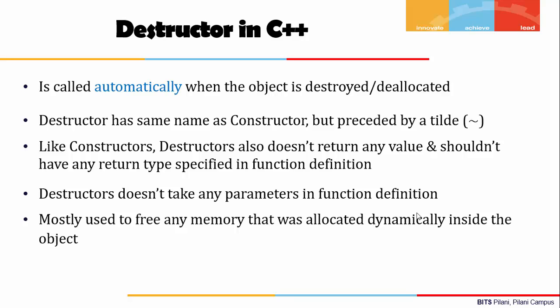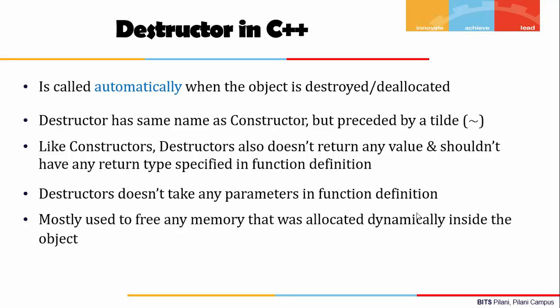Correct? So like a constructor, a destructor is also formed from the class name. It is preceded by a tilde. Also, like a constructor, a destructor can have no return value and has no declared type. Unlike a constructor, a destructor must have no arguments. A destructor cannot have any arguments.